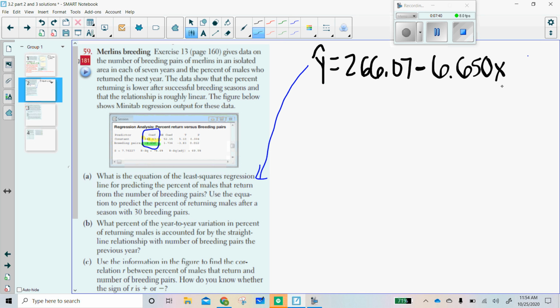Please remember that you need to actually define what these variables are. So this is where y hat is the percent of males that return.